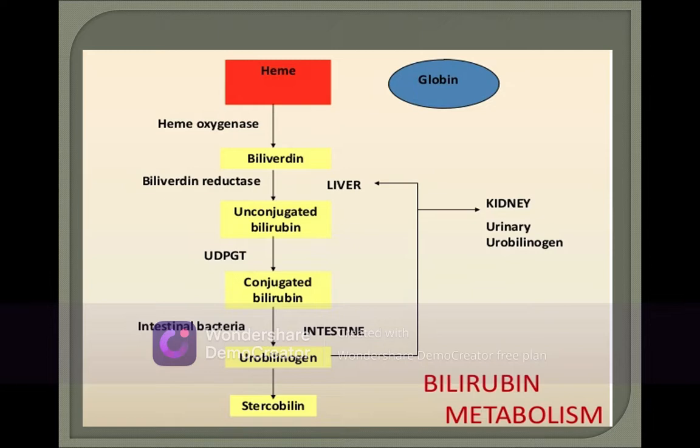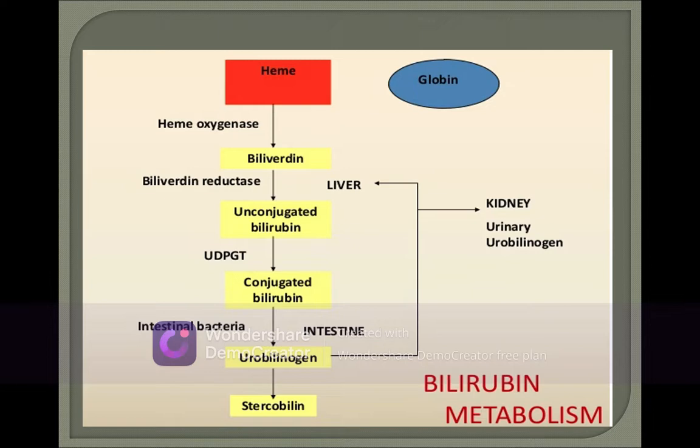Then apoptosis occurs, that is the old RBCs should die. They die in the reticuloendothelial system, captured in the spleen, the liver, and the lymph nodes, all in the body.